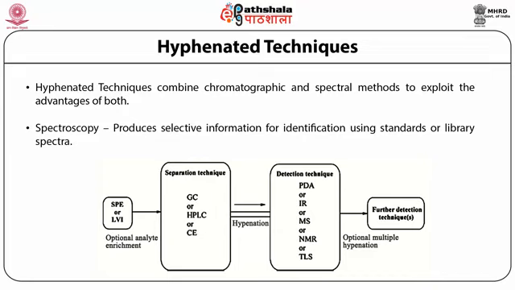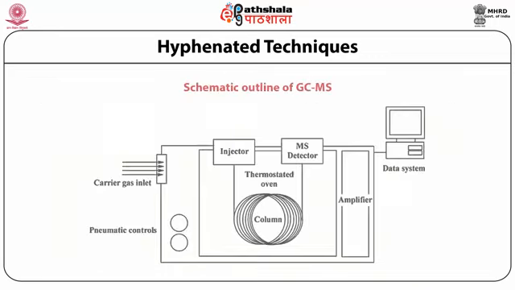Prior to this or after this, some purification steps or further detection methods can be added. But the central portion represents hyphenated techniques like HPLC, GCMS and others. This block diagram represents a schematic outline of GCMS. A carrier gas enters through the inlet.